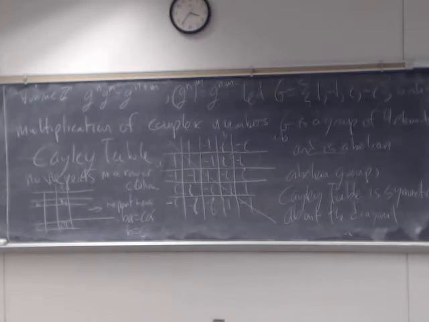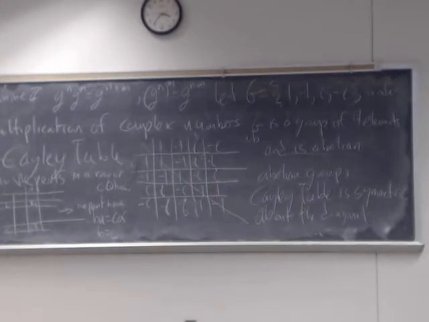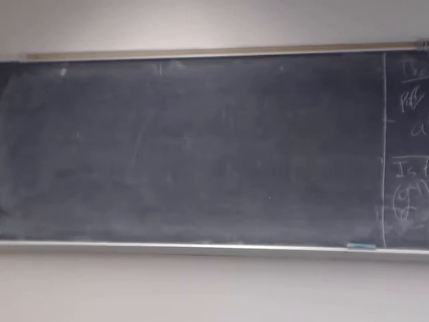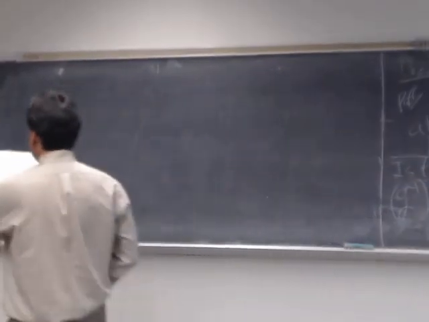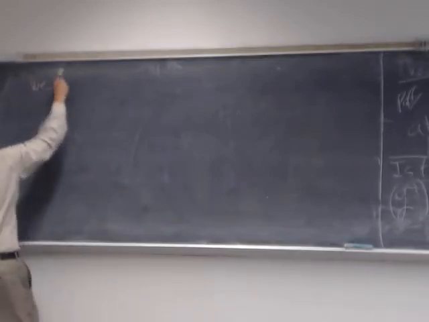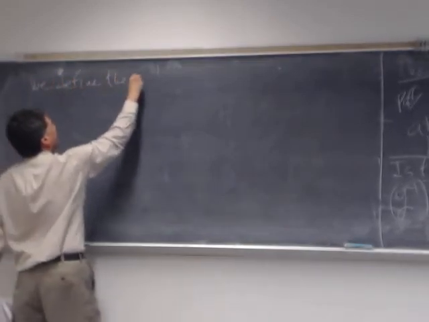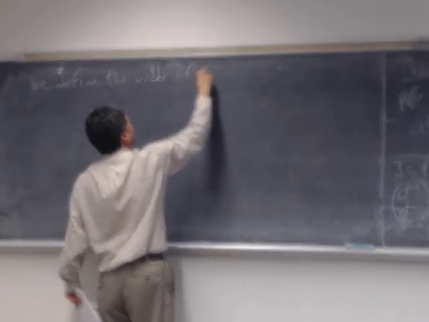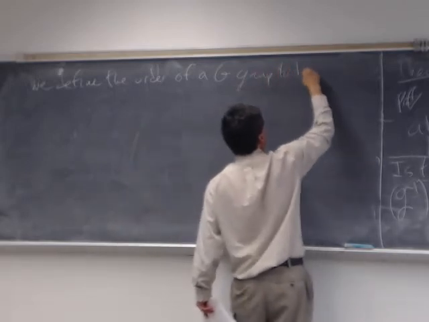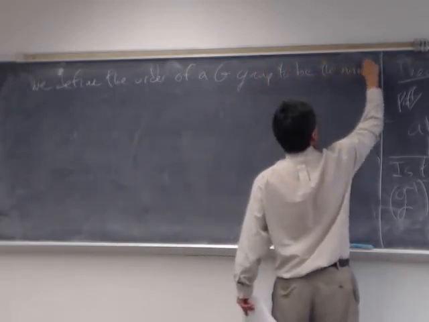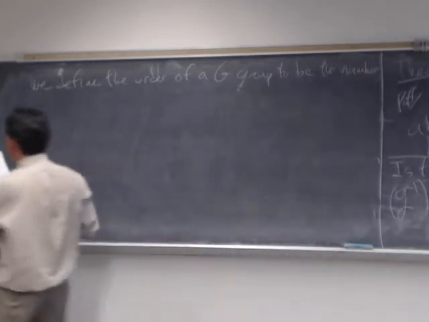The definition is the number of elements in each group. We give that a name, we call that the order of a group. So we define the order of a group G to be the number of elements in the group.